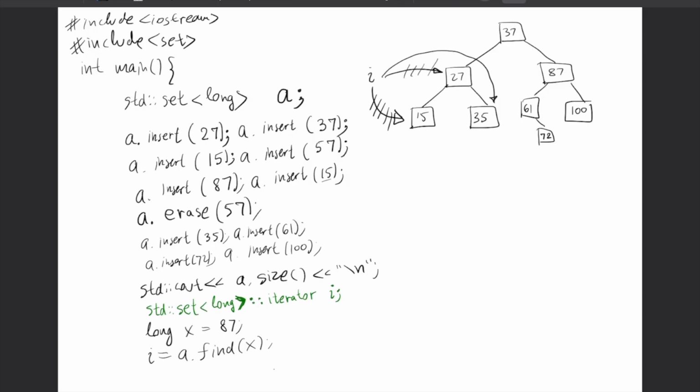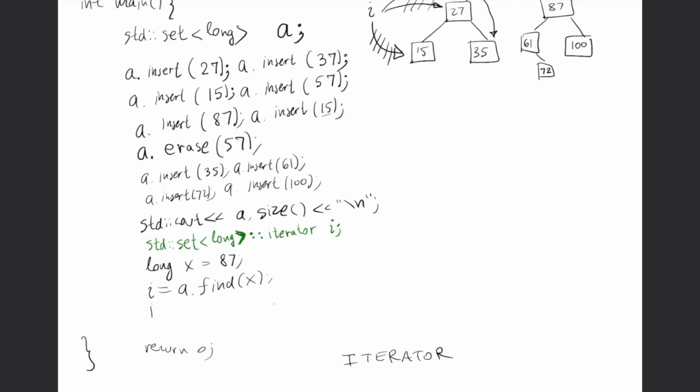If the search is not successful, I will be the iterator to the end of the set. So we will just ask if I is equal to A dot end, and if this is the case, we will print not found.